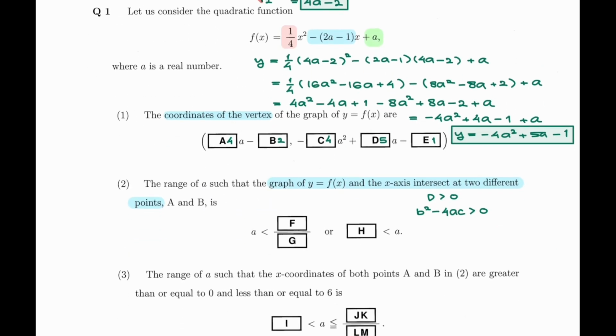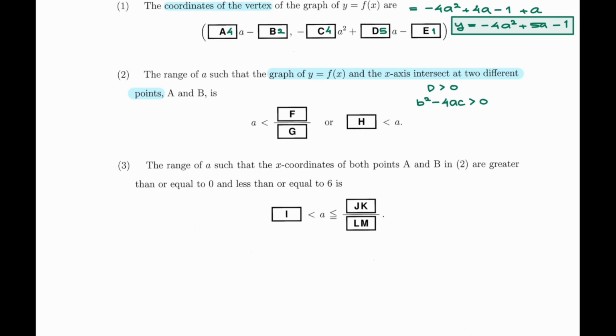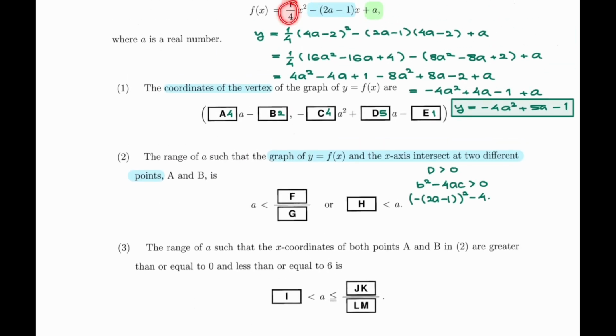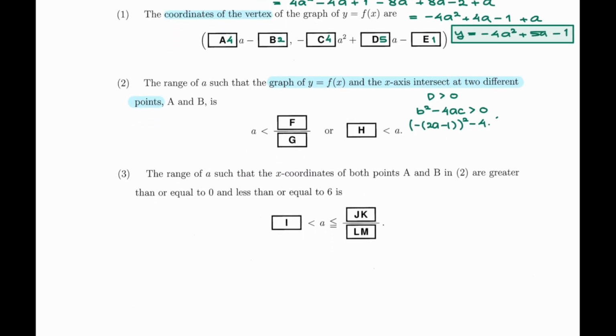That means b squared, which is (2a minus 1)... negative (2a minus 1) squared, minus 4 times a, which is 1 over 4, and then times c, which is a, must be greater than 0.